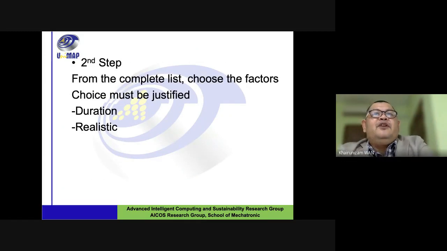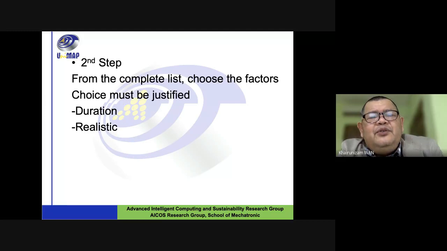Step 2 is, from the complete list of the solution, of the factor, choose the factor. Choice must be justified: duration and realistic. Because from the literature review conducted, you got so many solutions, so many factors.